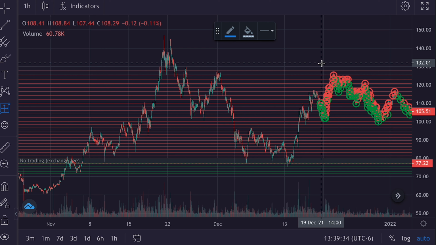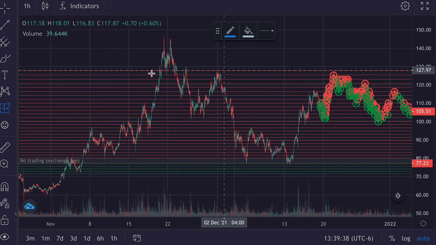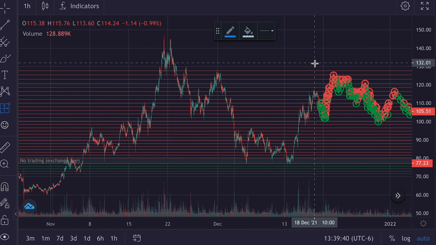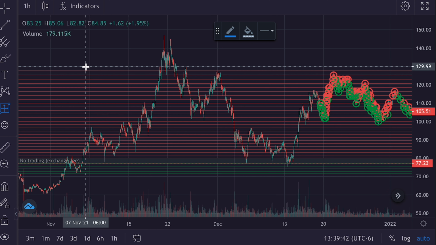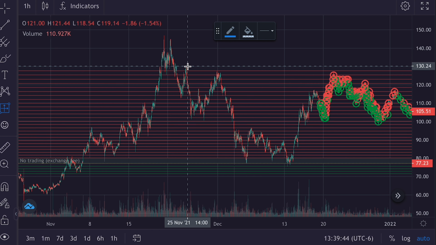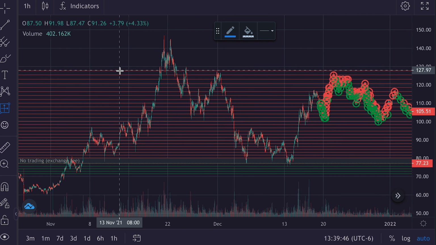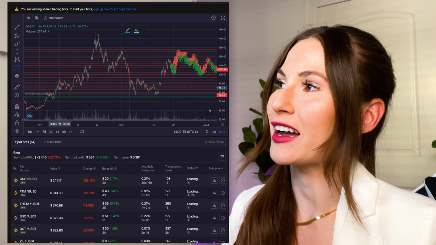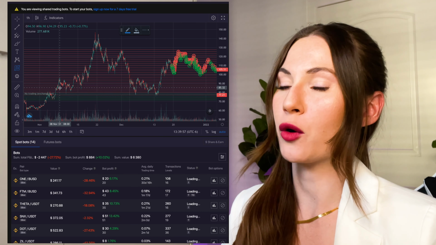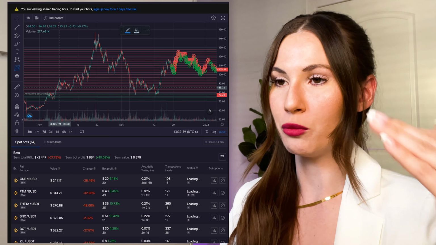The next thing we have to do is set the grid range. If we look at right before this bot was started, this is what AVAX versus USDT was doing. To set the grid, we want to select a range that the coin is moving in.